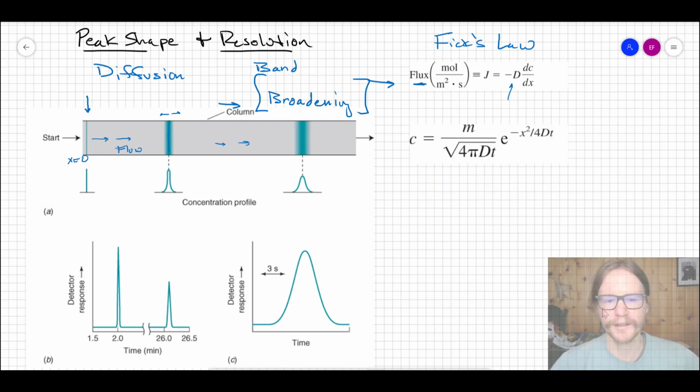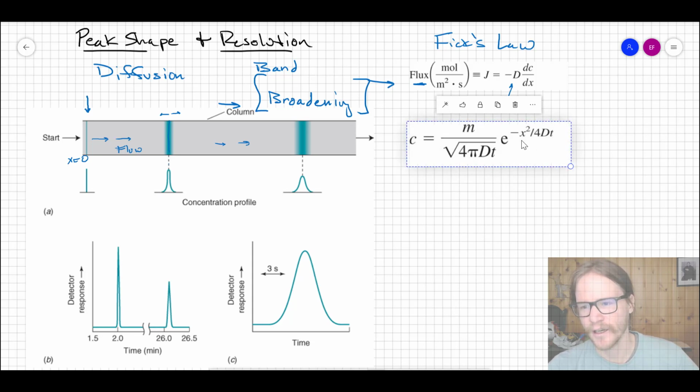So one thing we can do to actually extract this concentration profile as a function of x or distance would be to integrate the Fick's law equation. So what we get is this expression for concentration, or C, as a function of x here, but also as a function of our constant, our diffusion coefficient here.